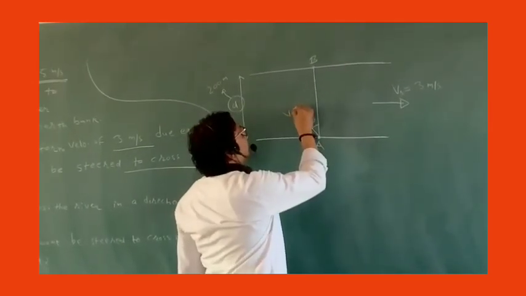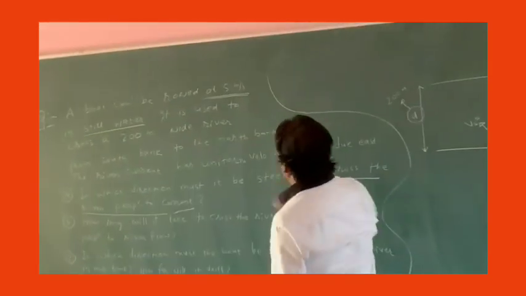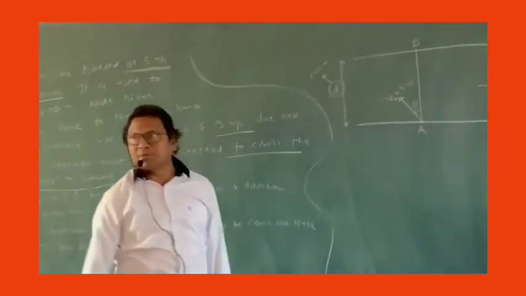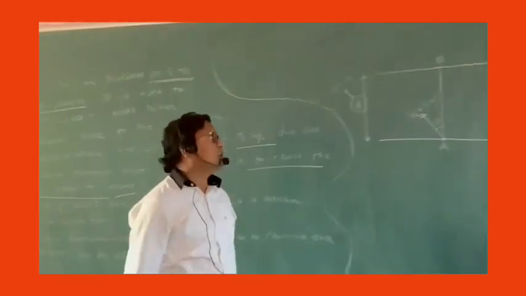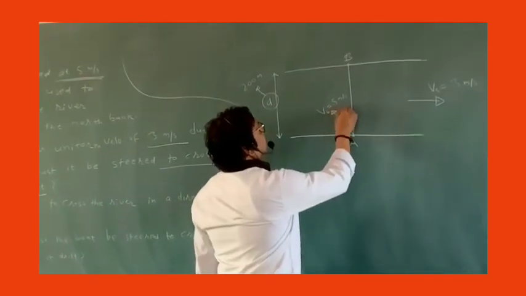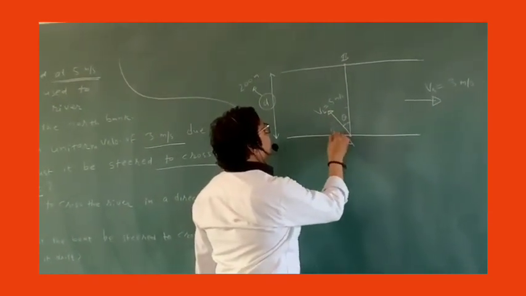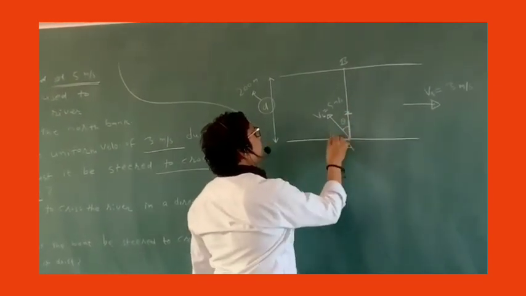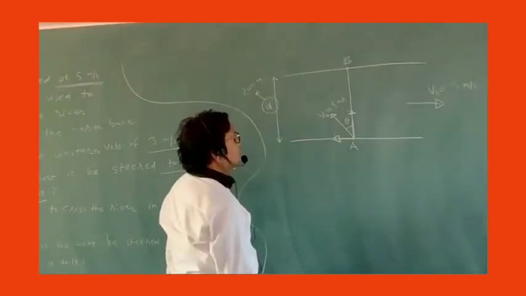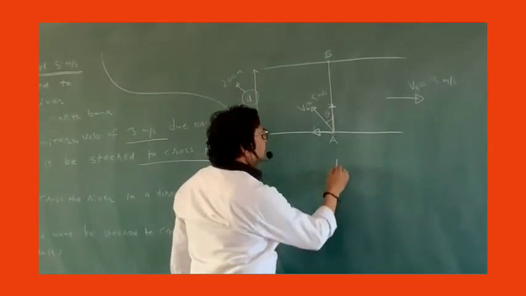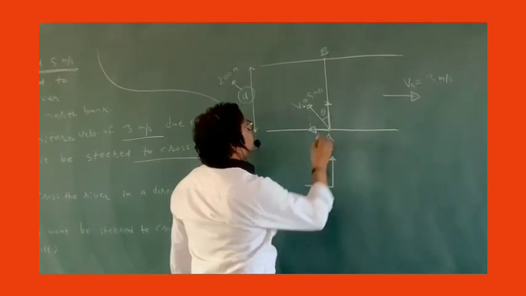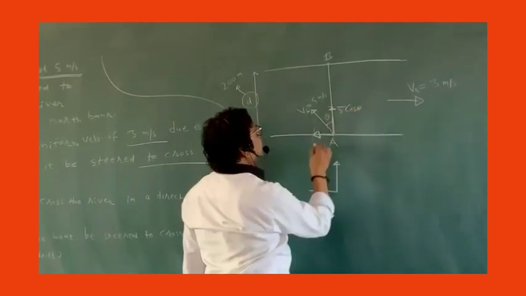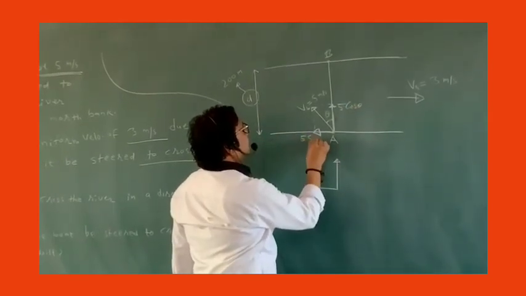And the velocity of boat has been given as how much? It is 5 meter per second. So if we split this vector, we get one component along the y-axis and one along the x-axis.